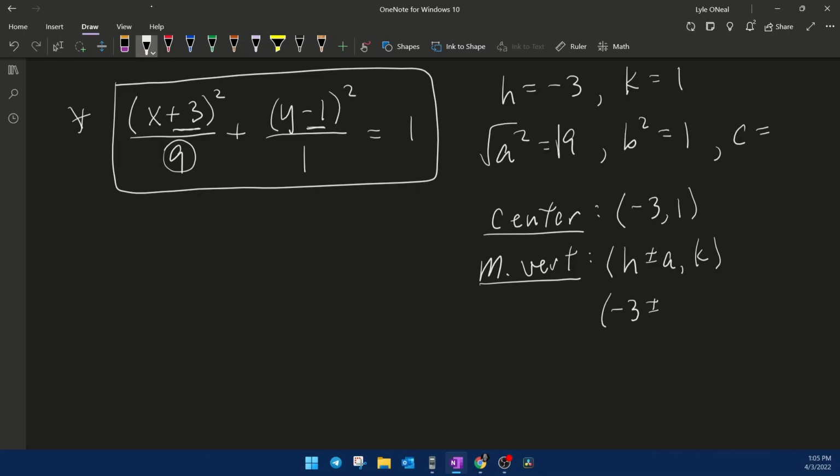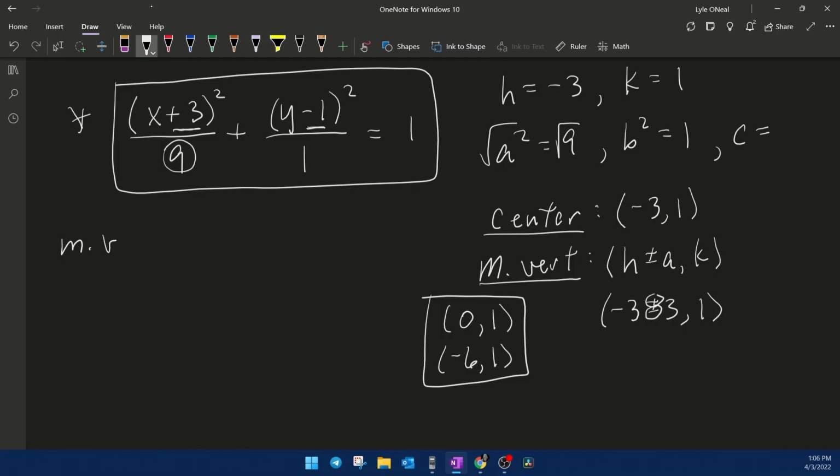Whoops, going to have to take the square root to get that a is 3 comma k. And then you do need to separate those into the individual ordered pairs. So here our major vertices would be negative 3 plus 3, which would be 0 and 1. And then negative 3 minus 3, which would be negative 6 and 1, giving us our major vertices.